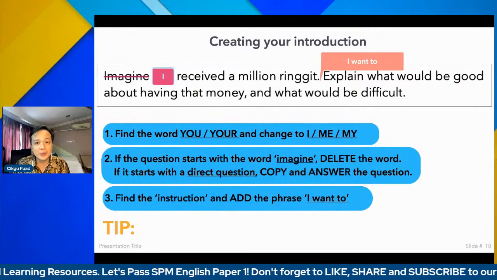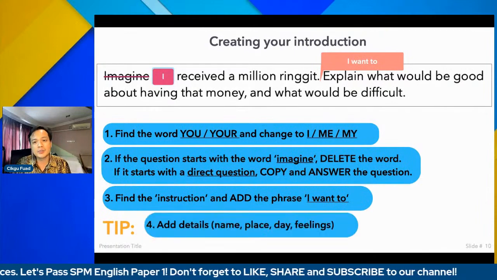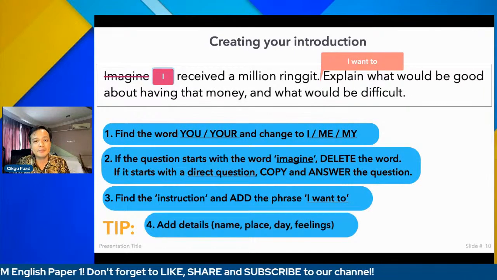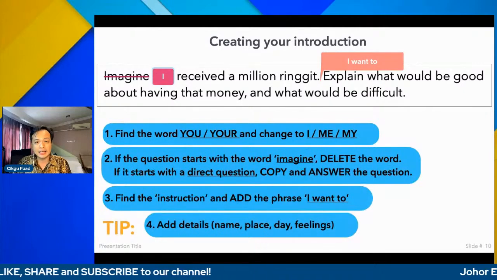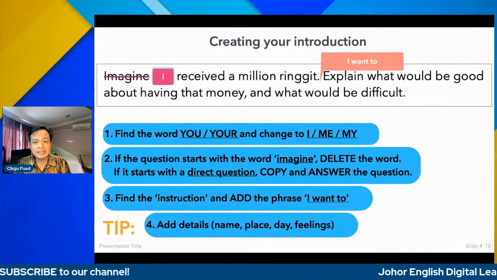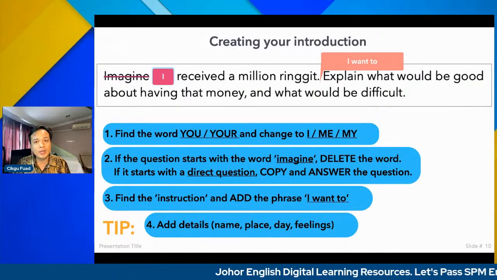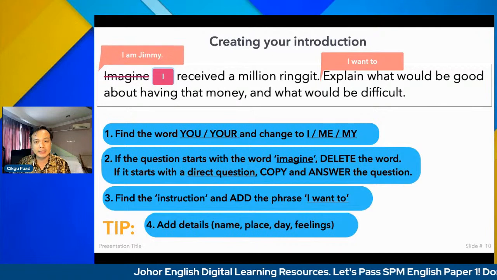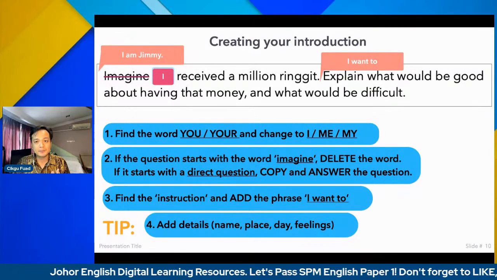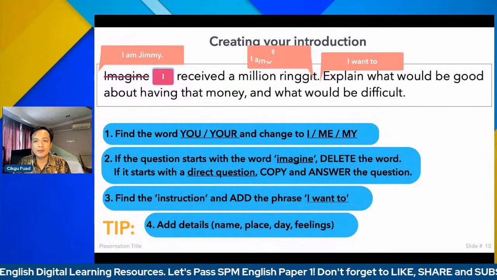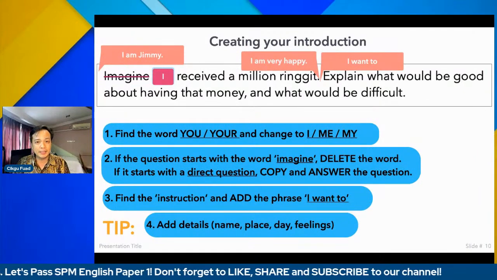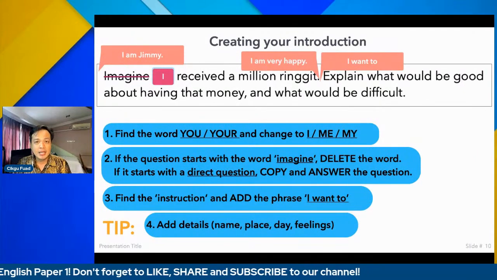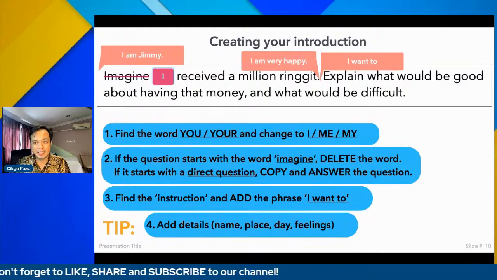But a tip for you guys out there, in order to make it much better, you can add details. For example, writing your name, your place, where you're from, the day, or even your feelings. So for this example, I'm going to write my name, I am Jimmy. And to express my feeling, I am very happy. So my introduction will be, I am Jimmy, I received ringgit.